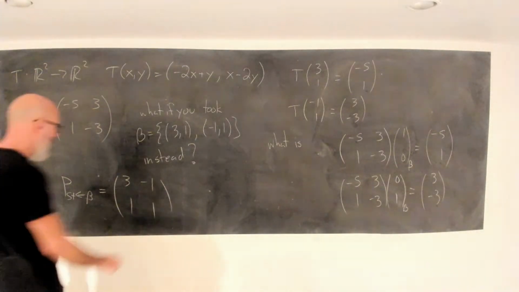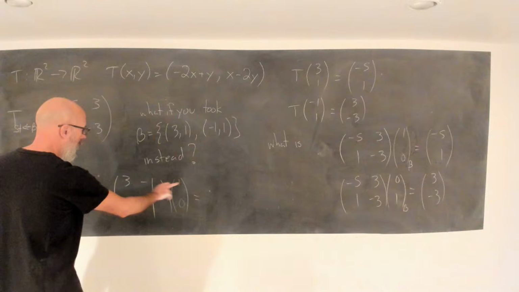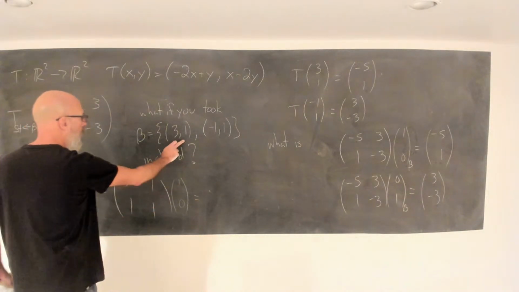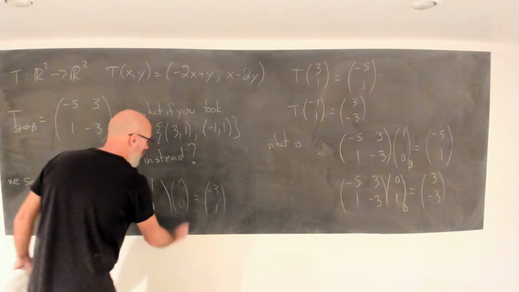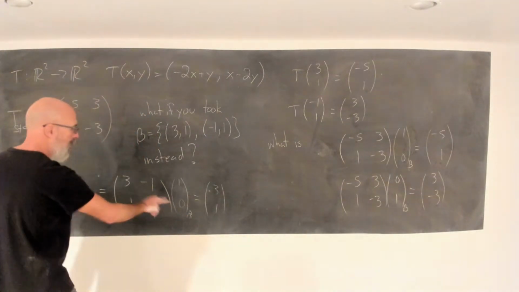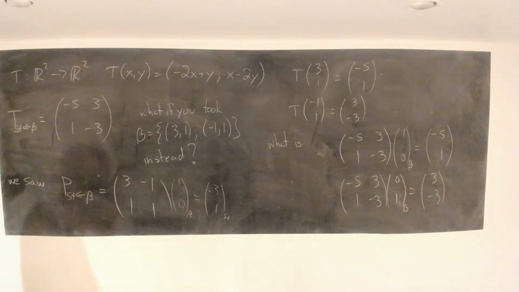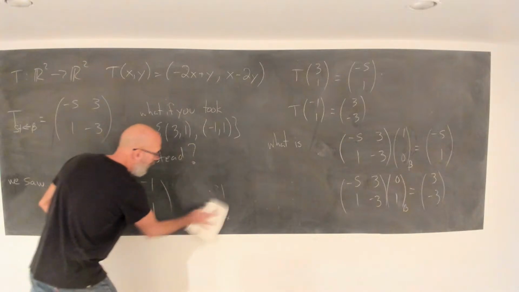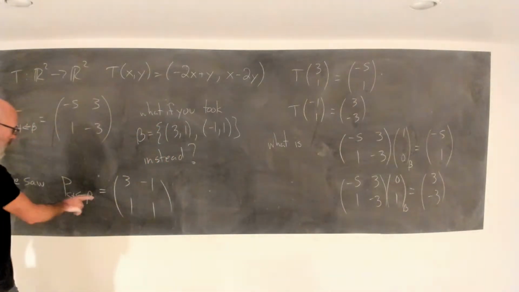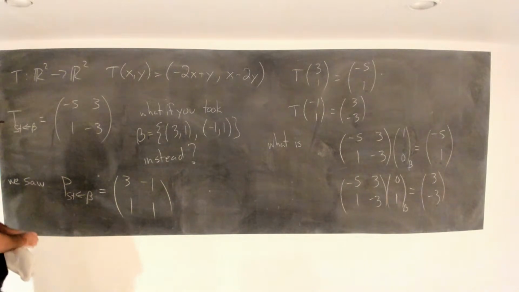Is that right? It takes the vector 0, 1 and gives back the vector 3, 1. So it takes elements in the basis B and spits out their equivalent in the standard basis. Right? So this is a transformation from B to standard.